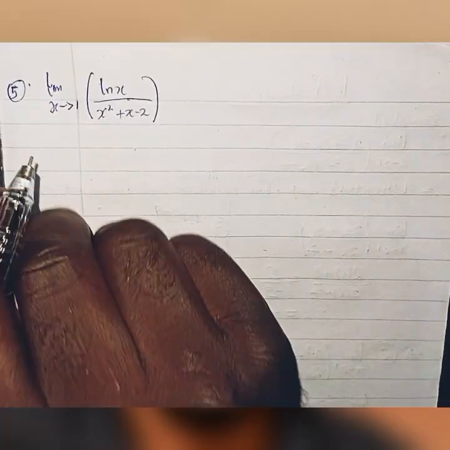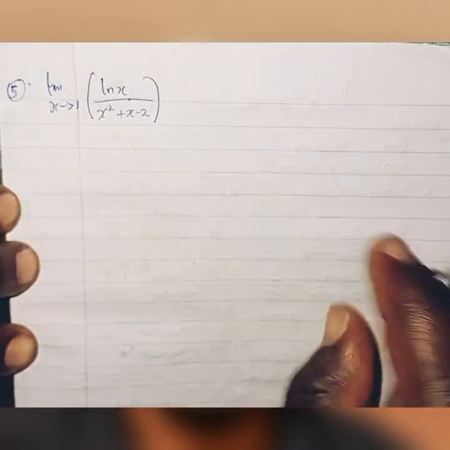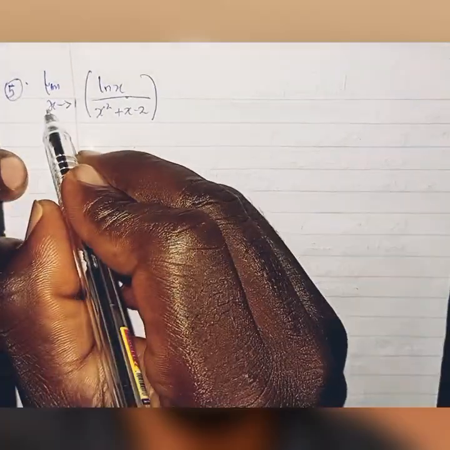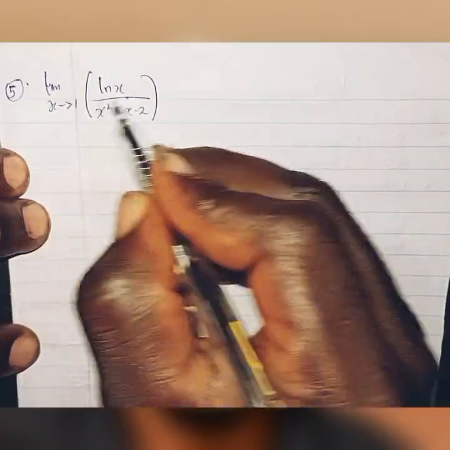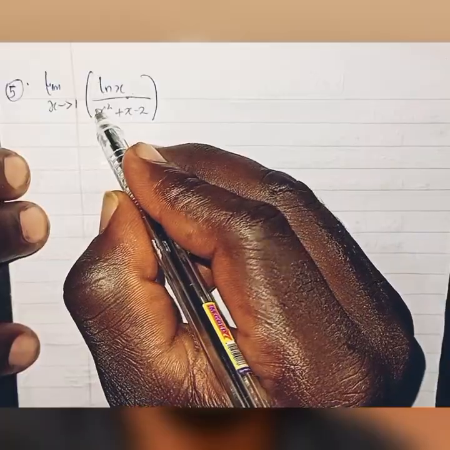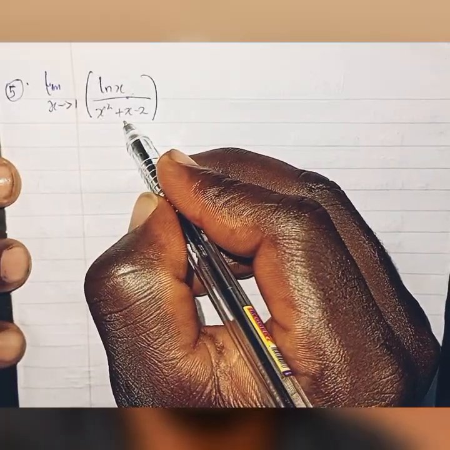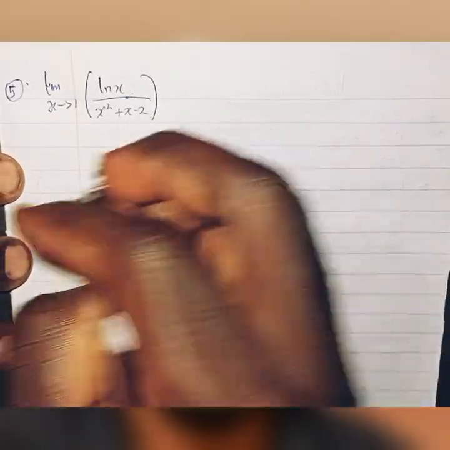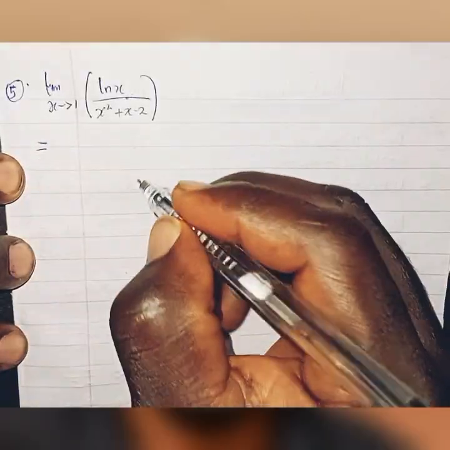Let's pick a question involving ln. Now we have a question here: the limit as x approaches 1 of, in brackets, ln x over x squared plus x minus 2. We are still using the same method.